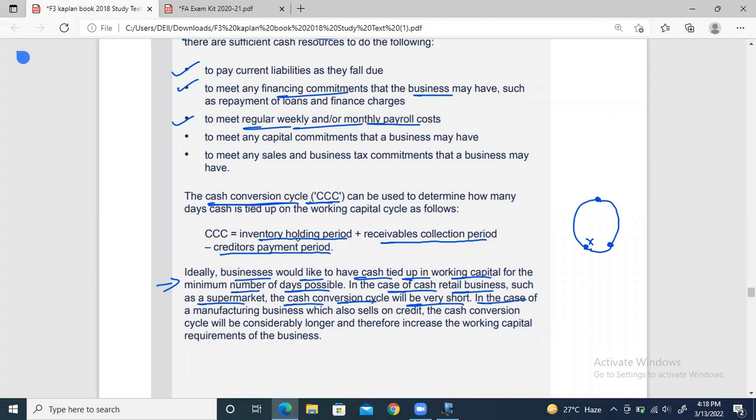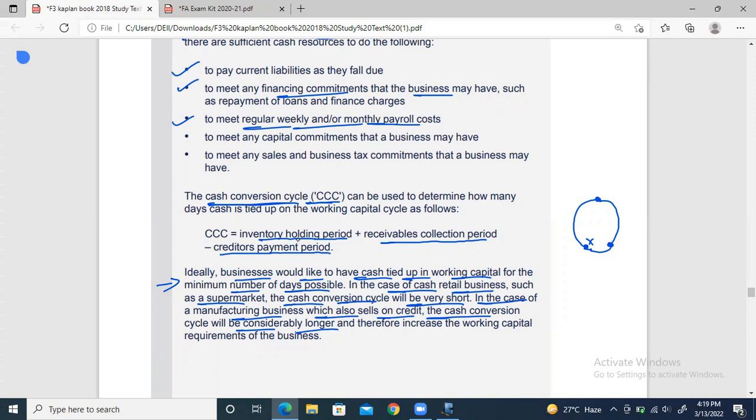In the case of manufacturing businesses, which also sell on credit, the cash conversion cycle will be considerably longer. In a retail business, the cash is quickly collected, in 5-10 minutes or let's say 1 day. But manufacturing businesses give a credit period of 30 days, 60 days. So 1 day compared to 60 days is much higher.